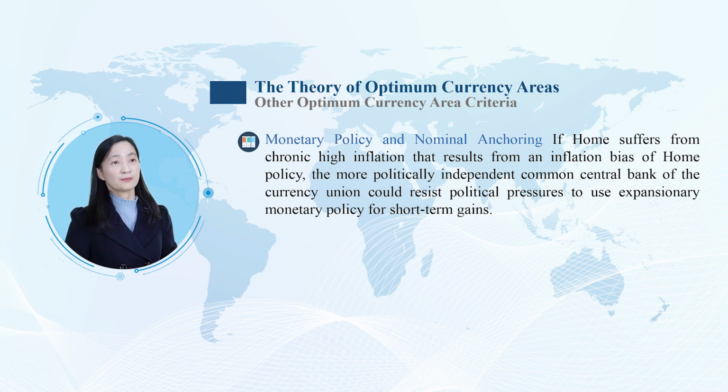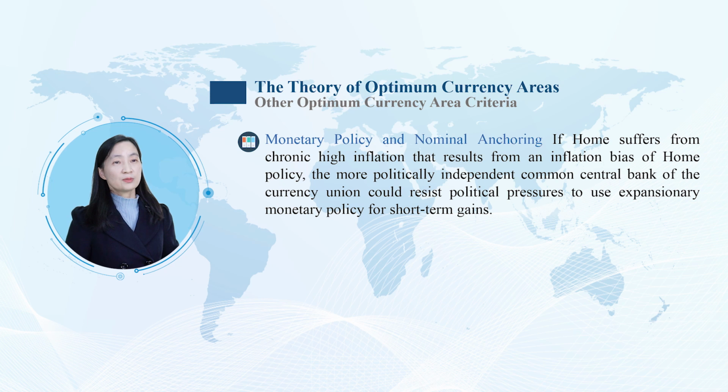Suppose that the common central bank of the currency union would be a more politically independent central bank that could resist political pressure to use expansionary monetary policy for short-term gains.